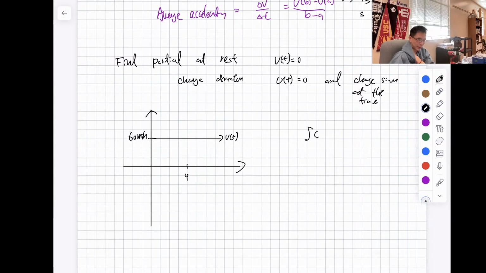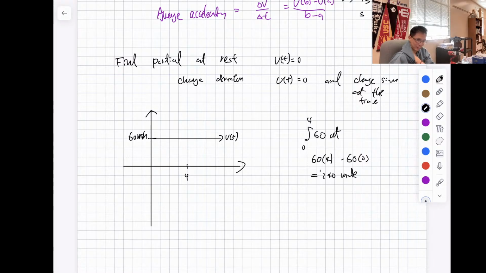We integrated 60 between 0 to 4, so it'd be 60 times 4 minus 60 times 0. That's equal to 240 miles, because you integrate from miles per hour to miles, right?